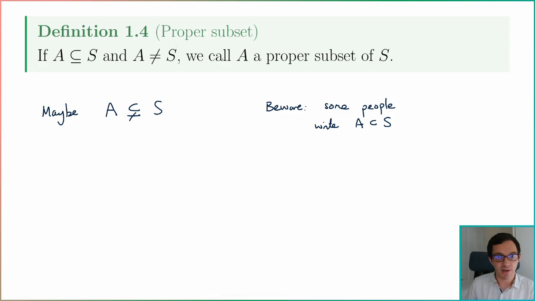I should give you an example, shouldn't I? So we're going to see in a second how to build more sets, but let's say the set of even numbers from 0, 2, 4, 6, 8 and upwards. The set of even numbers is a proper subset of the set of natural numbers, because all of those even numbers are elements of the natural numbers.